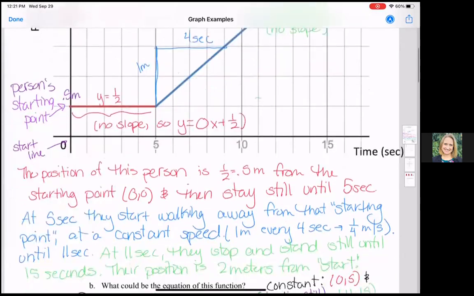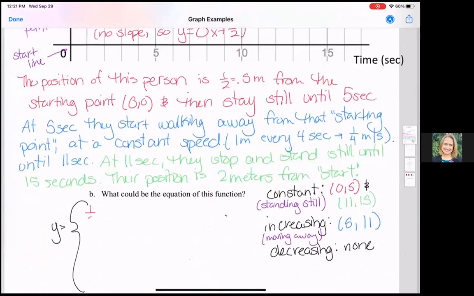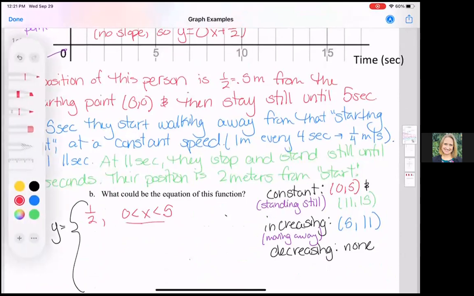So we can write this piecewise function as these pieces. What this is saying is y equals 1/2 when x is in between 0 and 5. Then we can see the green as y equals 2 when x is in between 11 and 15.